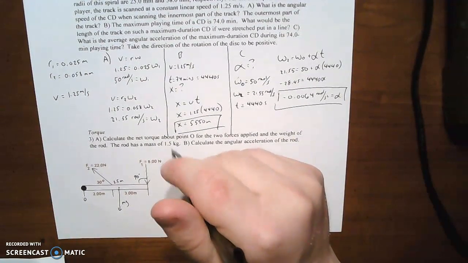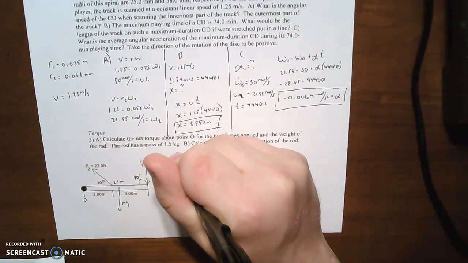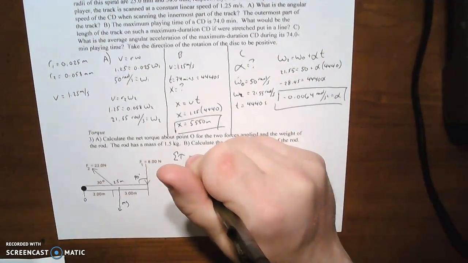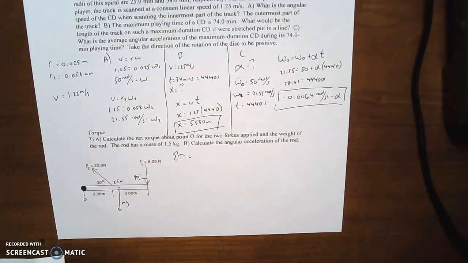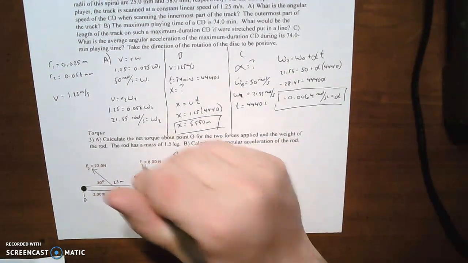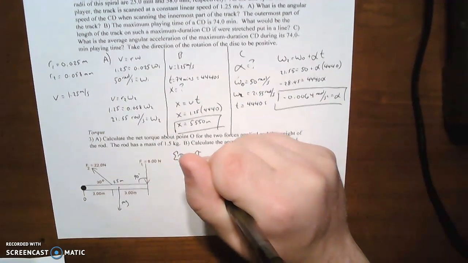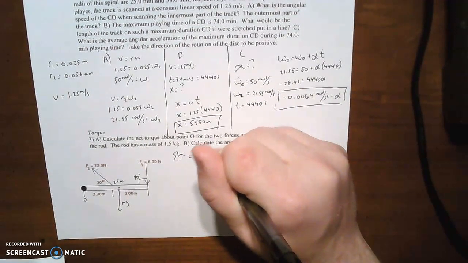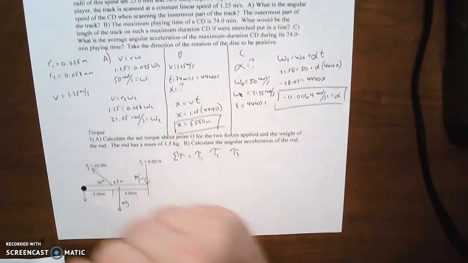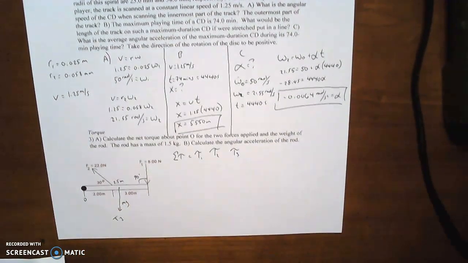So we're looking for the net torque, so we're looking at sigma tau. If we label these things here, we have sigma tau, tau 1, tau 2, and tau 3. We're calling this one torque 3 down here.